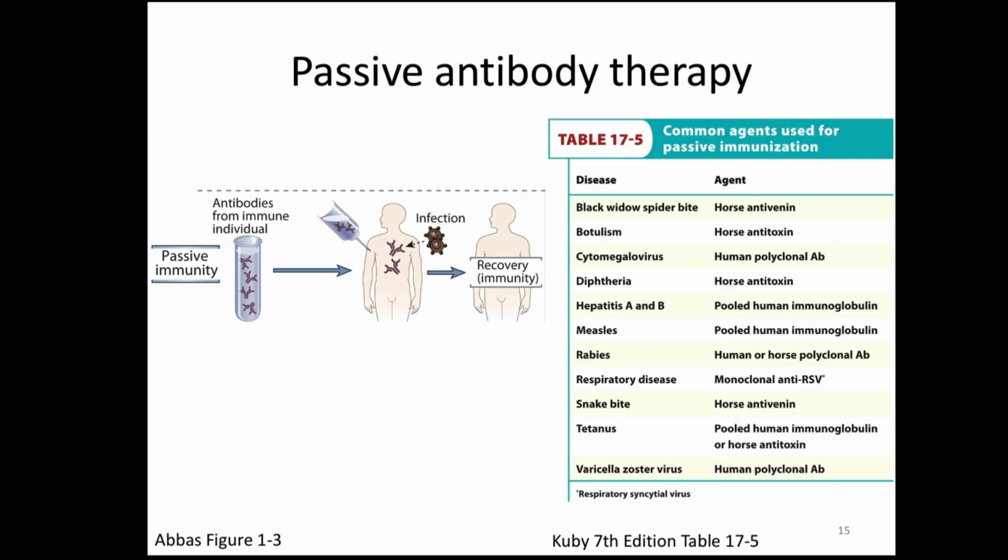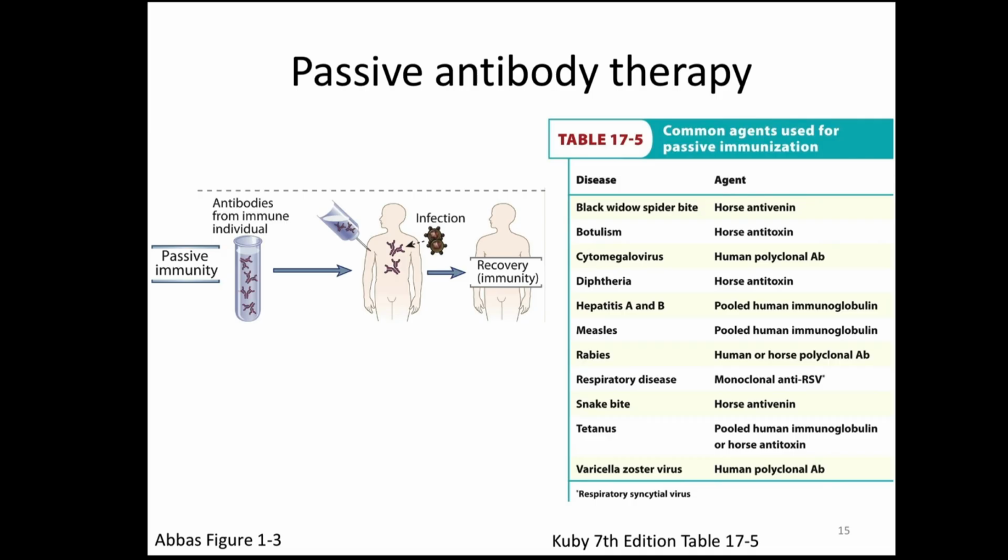And you can see on the right a table that lists some of the situations where passive antibodies are used. When we talked about this earlier in the semester, we did talk about some of the cool ways people are now making humanized antibodies and all sorts of fancy antibodies in the lab.